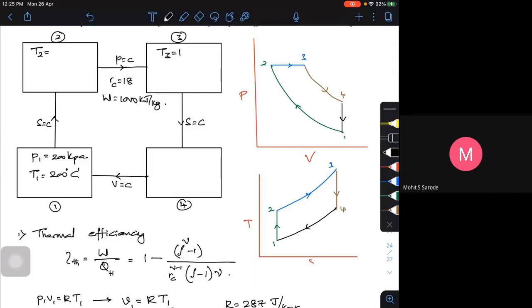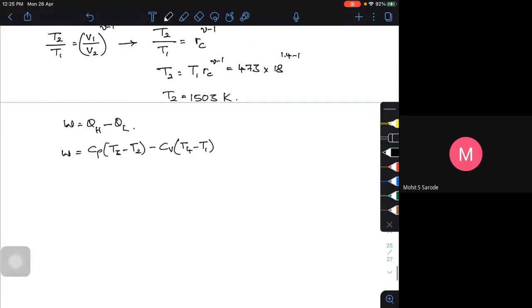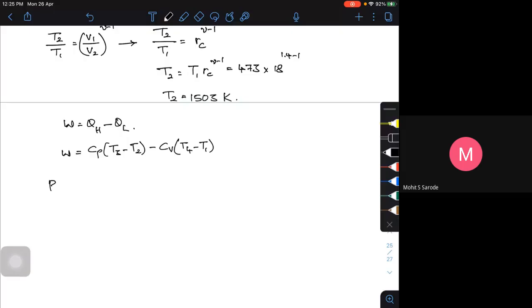I don't know the value of P2. So P2 by P1 I can find. P2 V2 is equal to R into T2, or P2 is equal to R into T2 divided by V2.